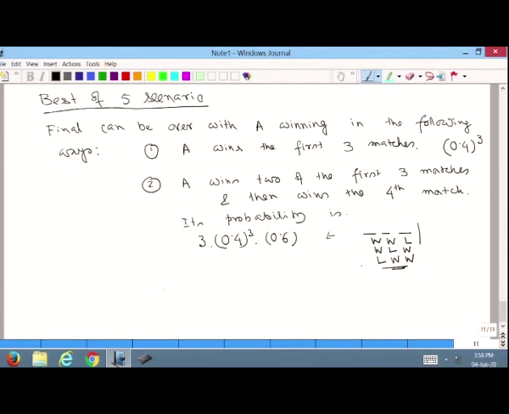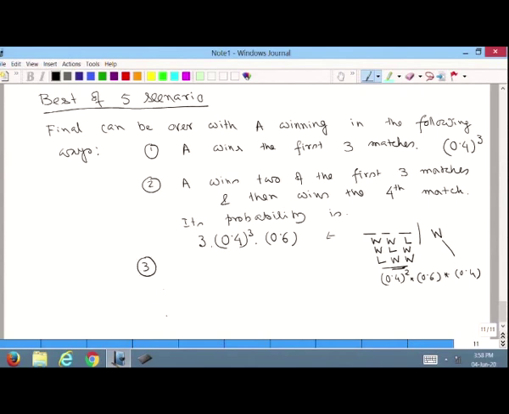Each one of them is going to give you 0.4 whole square multiplied by 0.6, and this will be followed by a win by A, which is 0.4. Therefore, this is the probability of this happening.